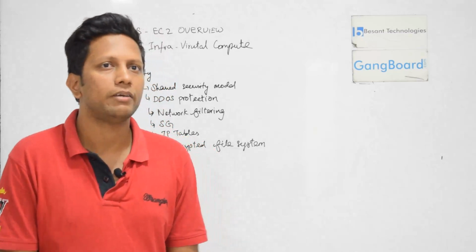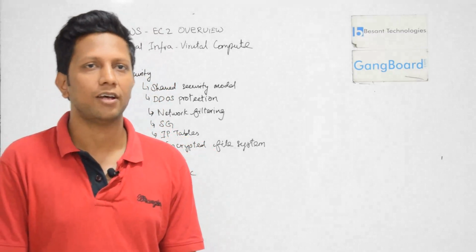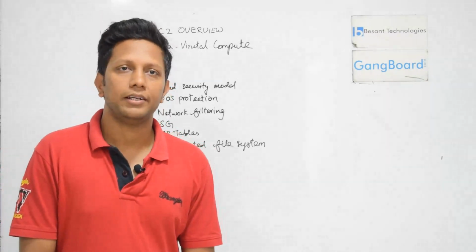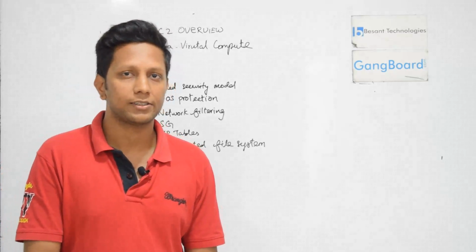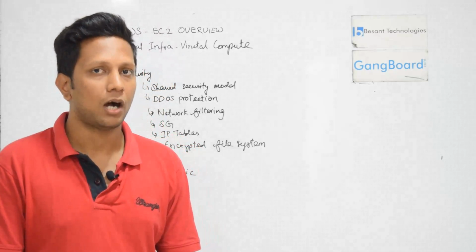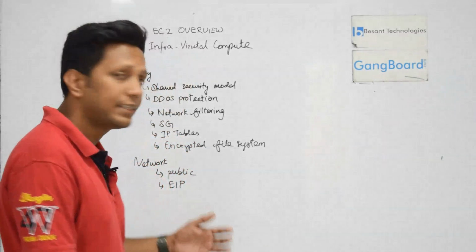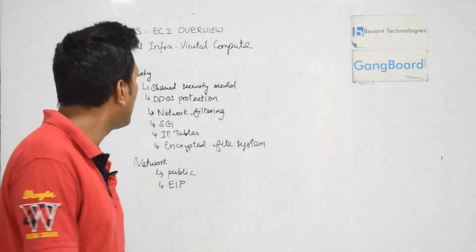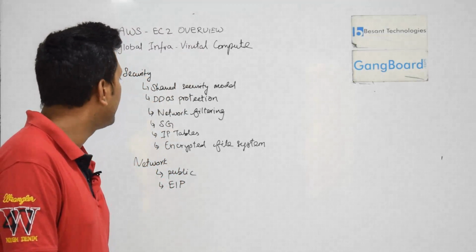Then you have to define your security groups and routing mechanism, where you define your IP tables, like which IPs you have to allow ingress, take in, and which IPs I have to take out. So these are the techniques when you look at the security aspects of EC2 configurations.